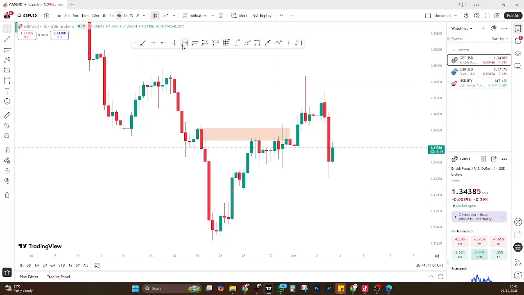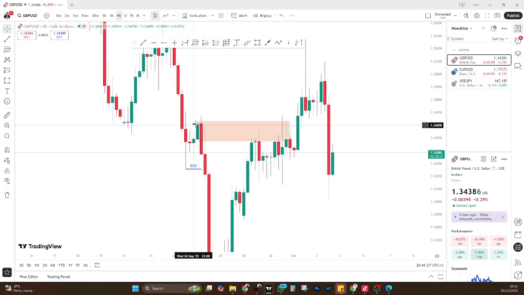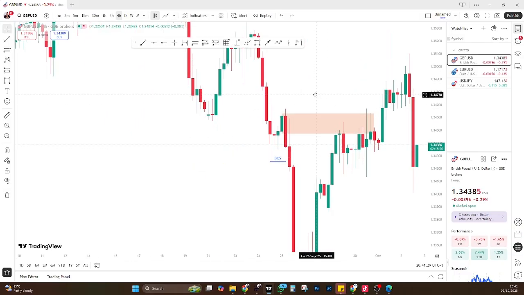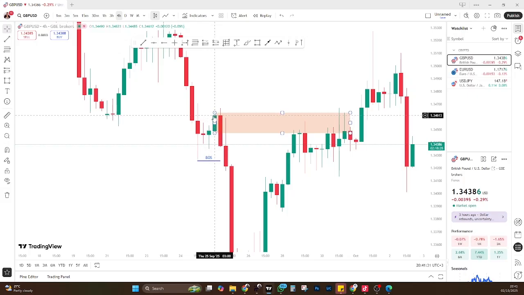Immediately the market makers got there, you can see that there was a break of market structure over here. Number two, you can see that the last swing high, this one, was taken out. Can you see that? The last swing high was taken out by this week.